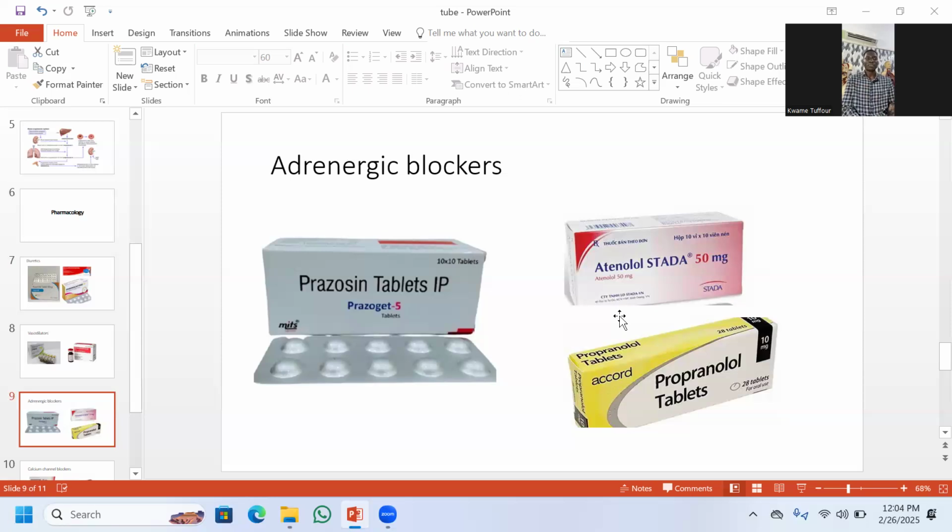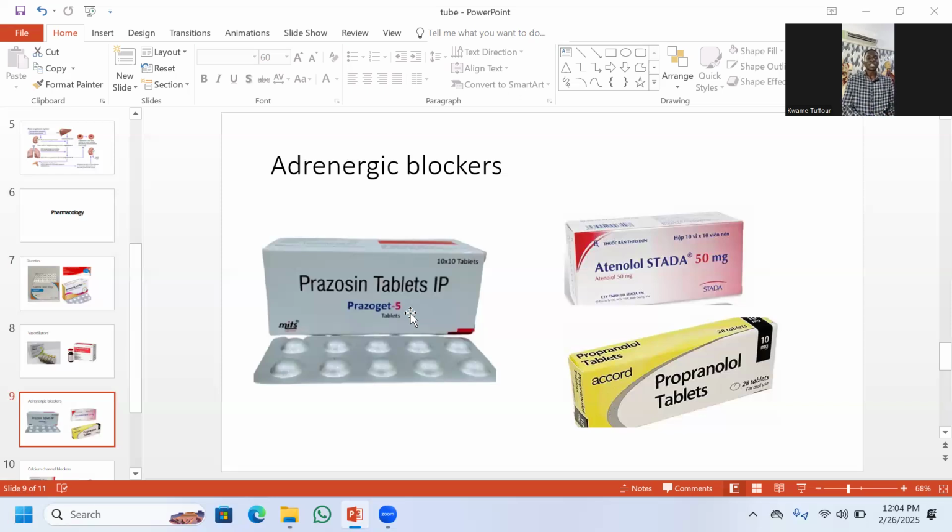So examples of alpha adrenergic receptor blockers are prazosin. They end with 'sin'. So we have prazosin, we have terazosin, and the rest. So any drug that you see that ends with 'sin' falls under alpha adrenergic blockers. And these drugs, apart from their use in the management of hypertension, can also be used in situations of enlarged prostate. They also relax the smooth muscles in the urinary system.